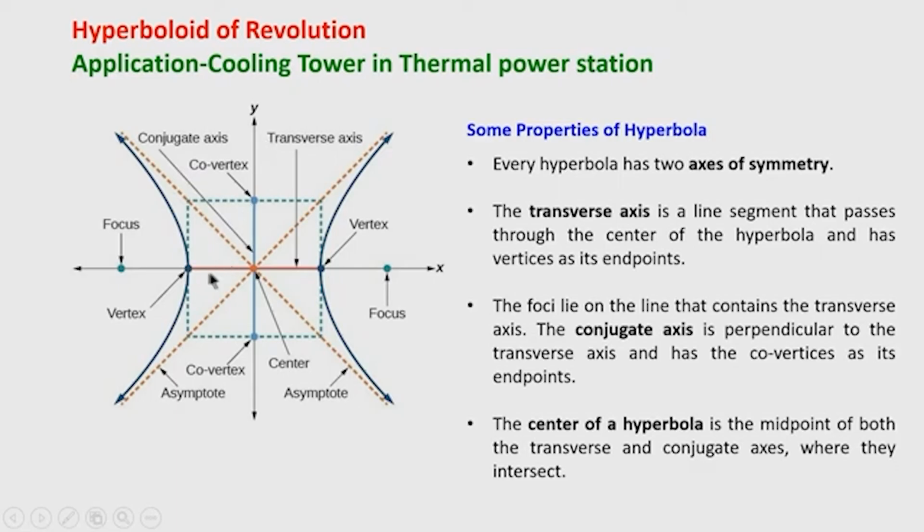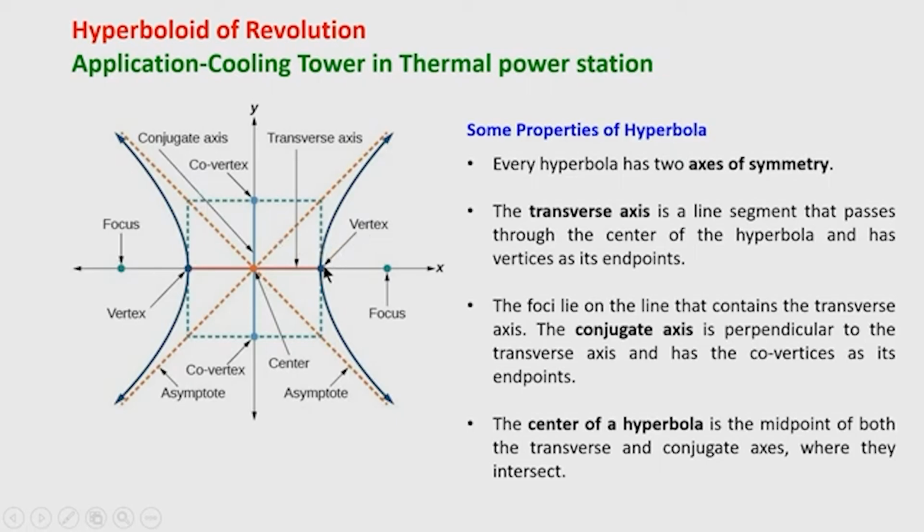The transverse axis is a line segment that passes through the center of the hyperbola. The center of the hyperbola is this, and the axis passes through the center and has a vertex for each hyperbola, that is, for the meridian. The meridian is rotated about the vertical axis of rotation.